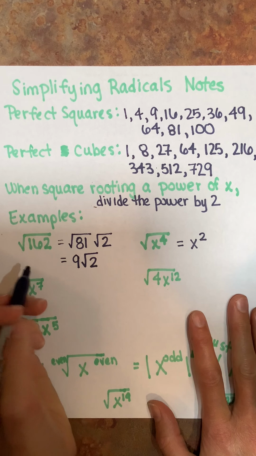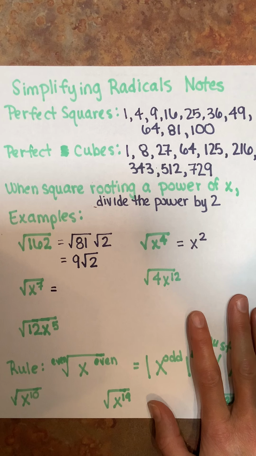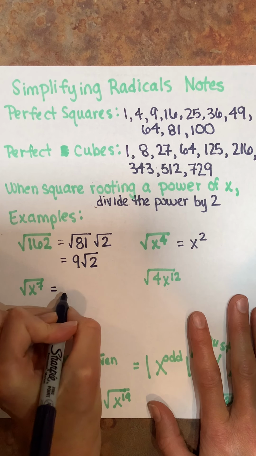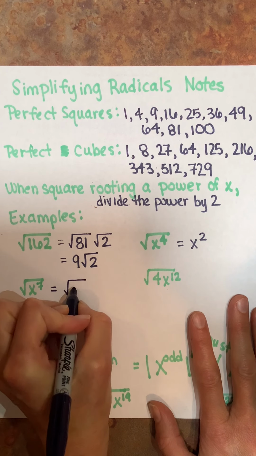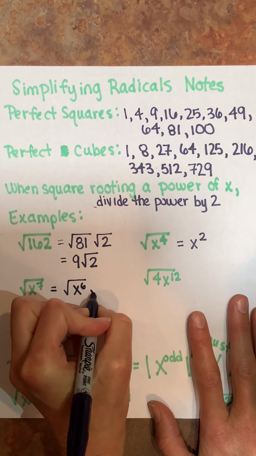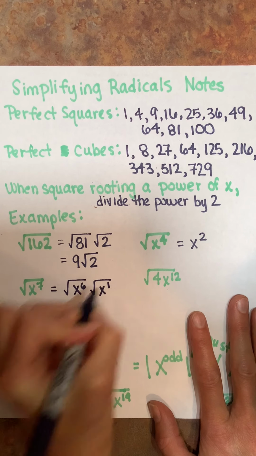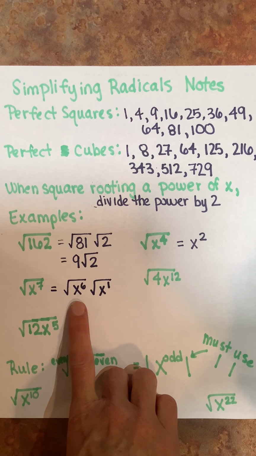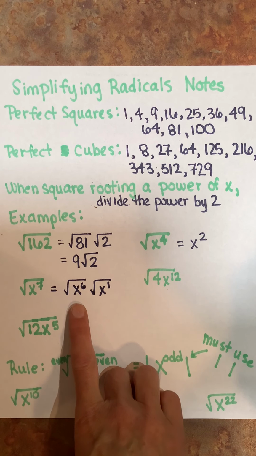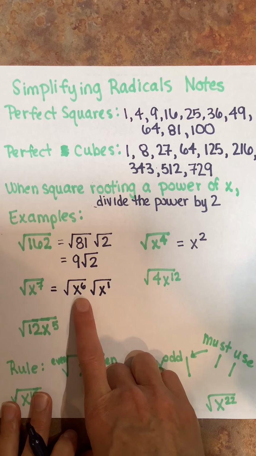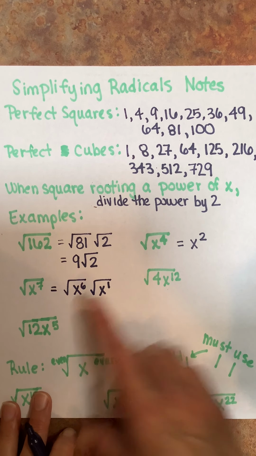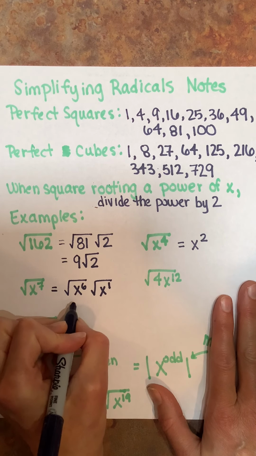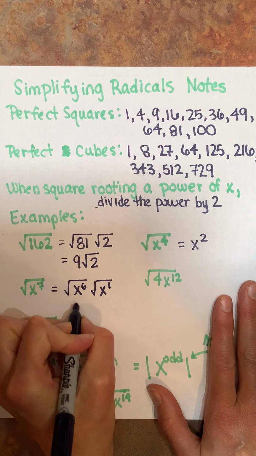Okay, the next one, 7 is not divisible by 2, but what we can do is rewrite this as x to the 6th times x to the 1st, because 6 is divisible by 2. When we rewrite it that way, we can square root x to the 6th.